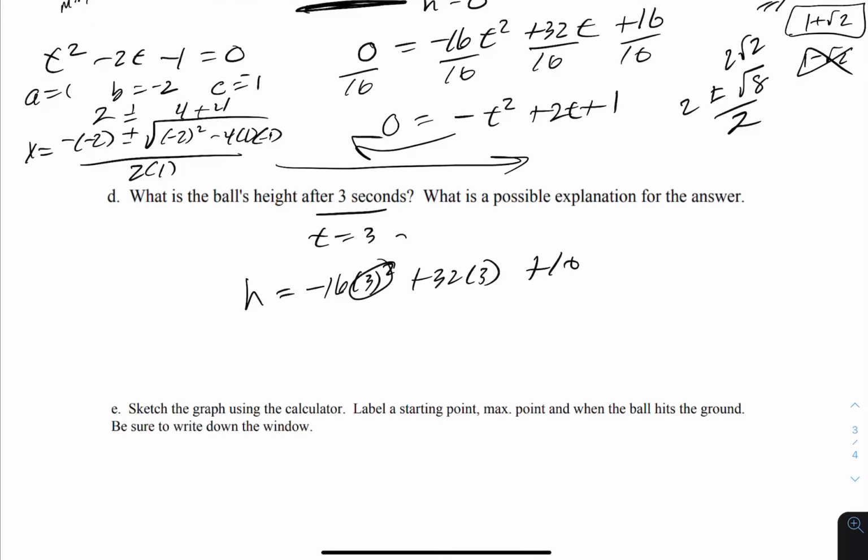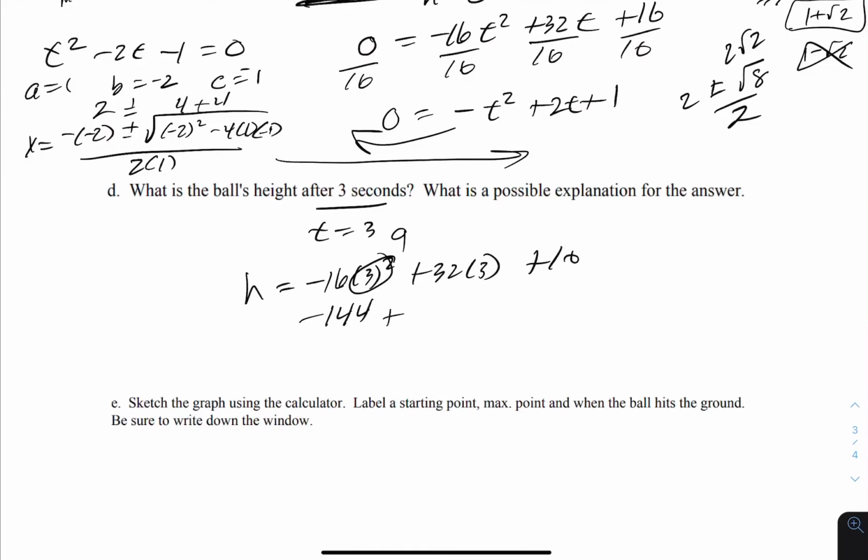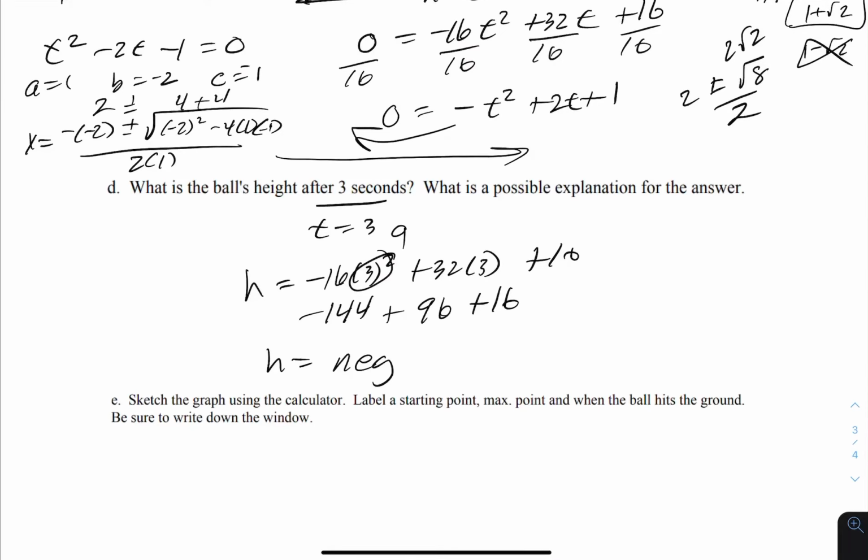So what is this? 9 times 16 is 144, negative. Plus 32 times 3, so that's 96, plus 16. This is giving a negative answer. The ball can't be negative. The best answer is that the ball hit the ground before 3 seconds.